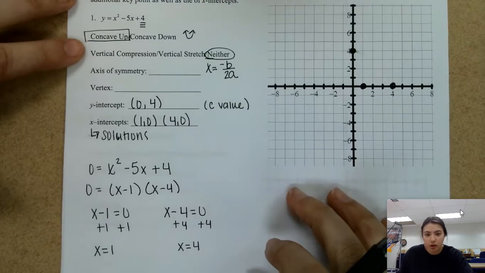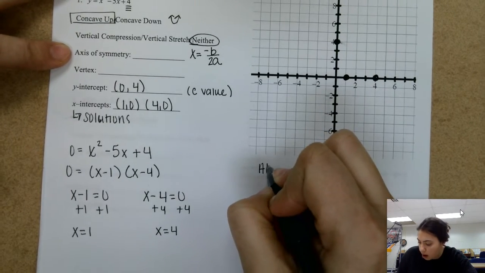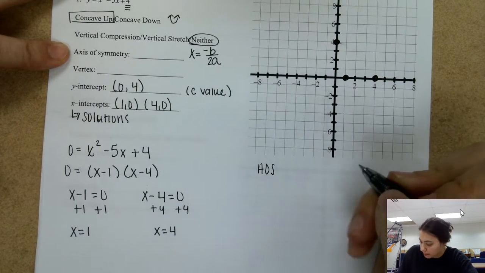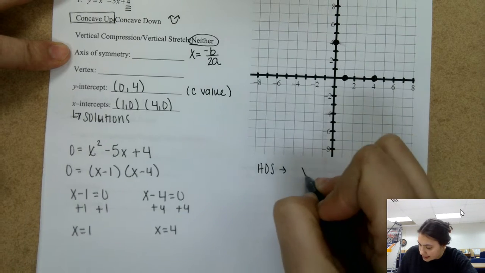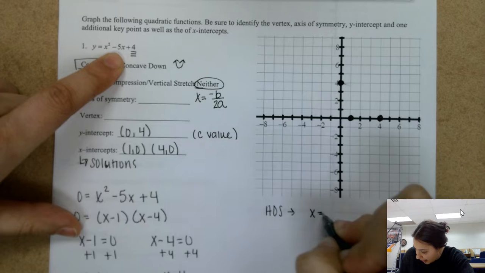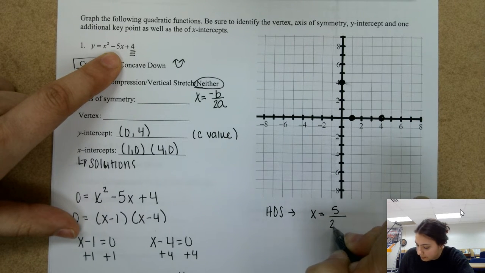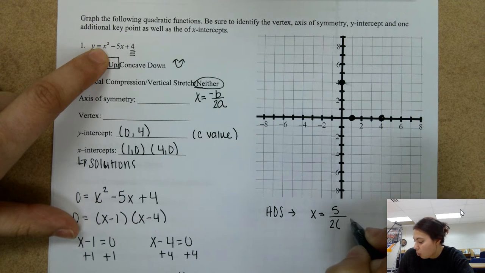So we can show our work maybe down over here. We know that we use that acronym AOS for axis of symmetry. So we can say that x is equal to the opposite of b, which is positive 5, over 2 times a, which is just 1.